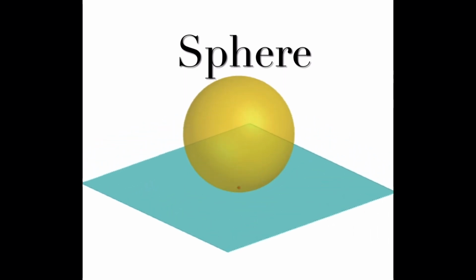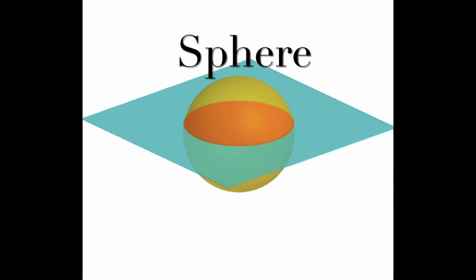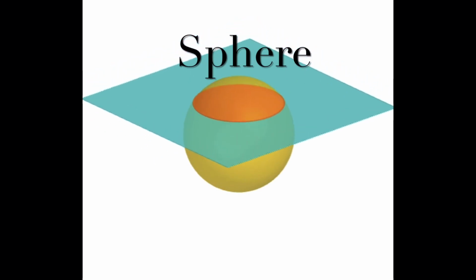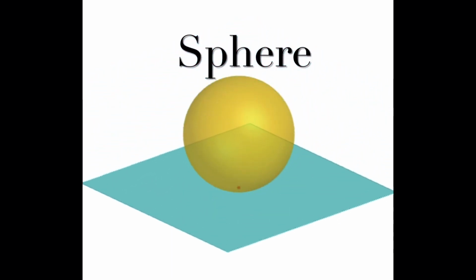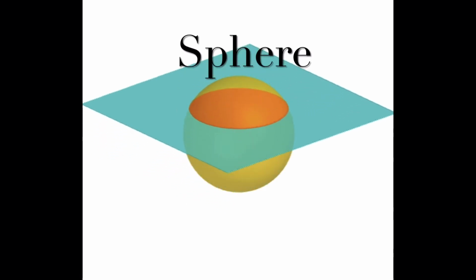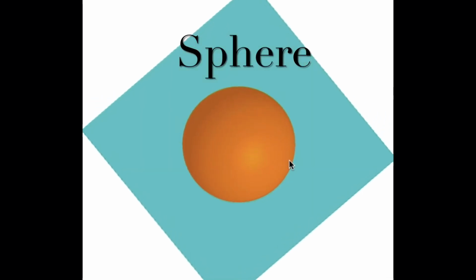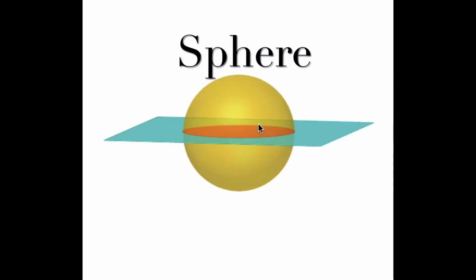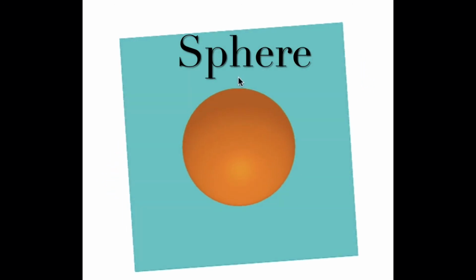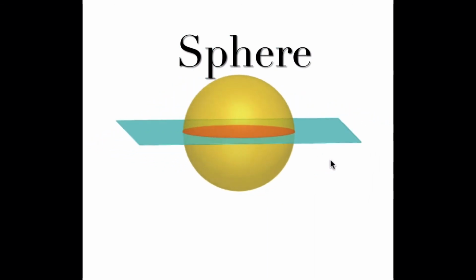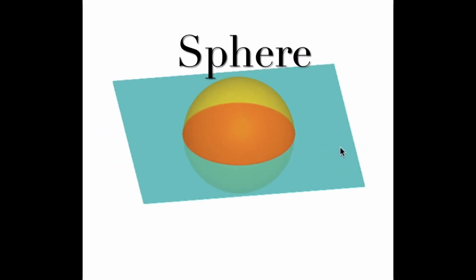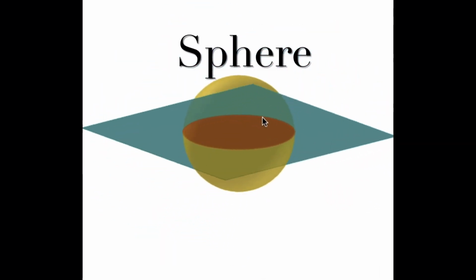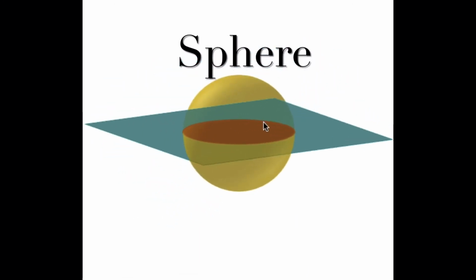And no matter where we slice it, it's going to be different. So it's a different size at any point that we slice it here. It is perfectly symmetrical. That means that if we slice it, that little slice in the middle there is going to be perfectly symmetrical. We can cut that right in half, no matter how we slice it. So that is a sphere with no faces, no edges, and no vertices.